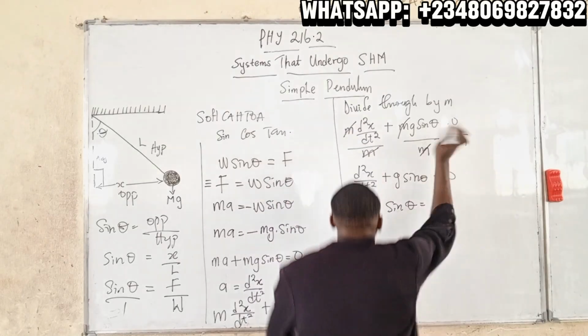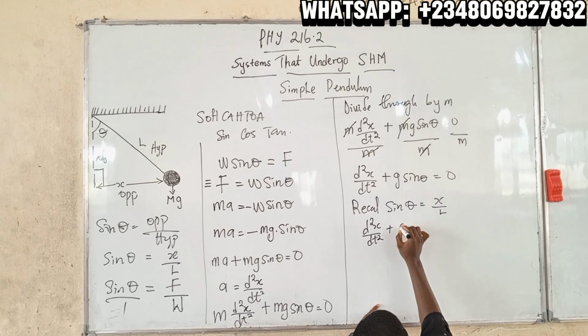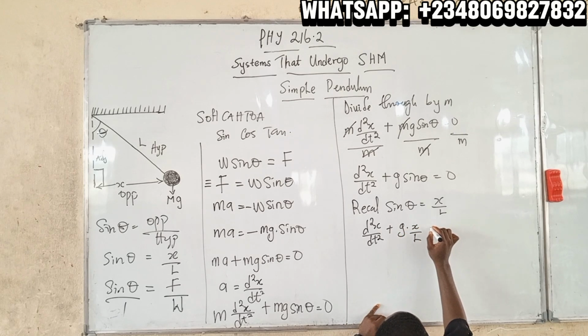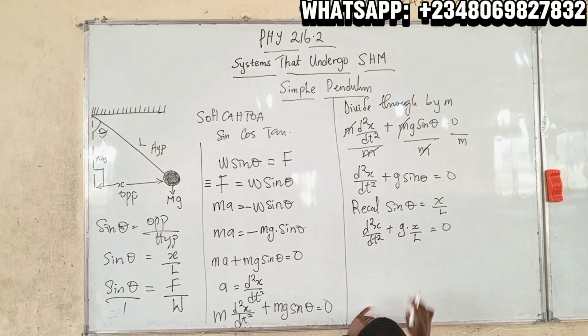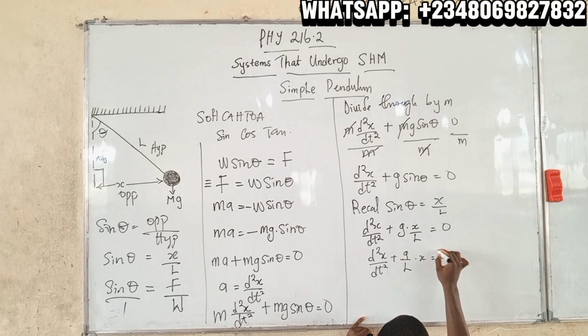If you do that, you simply have d square x over dt square plus g multiplied by x over L is equal to 0. Now this can also be written as d square x over dt square plus g over L multiplied by x is equal to 0.